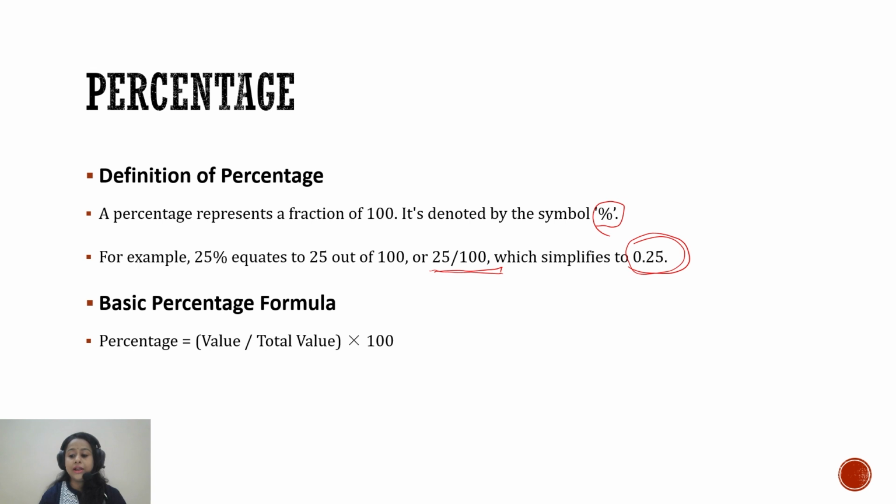So the basic formula for calculating percentage is the value, whatever value you want to convert into percentage, divided by the total value. Suppose this month's profit is 25,000, and I want to know what this particular month's profit is out of the entire year's profit for a company. Suppose for the entire year the profit is 1 lakh, right?